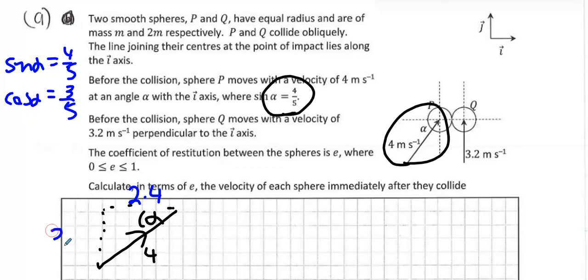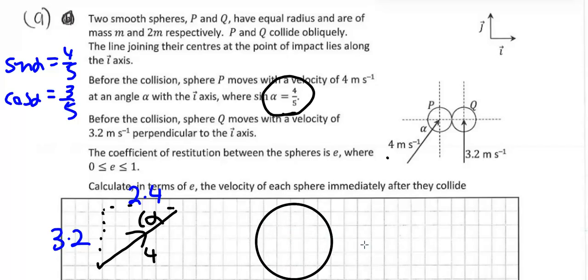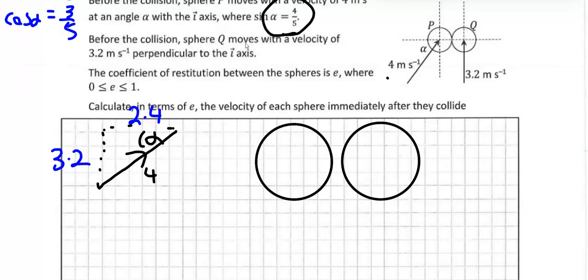So now, happy enough with that? Now, when you're talking about the collision, you're talking about two circles, or two spheres, coming together, and what's happened is they're both colliding, and one of them has no speed in this direction. Do you get what I'm saying?